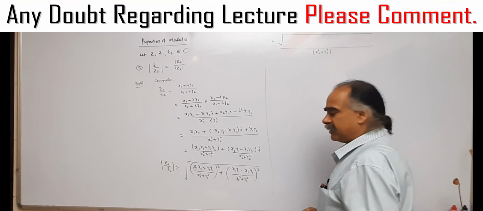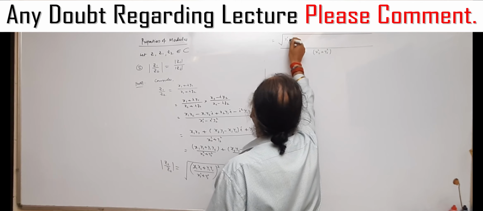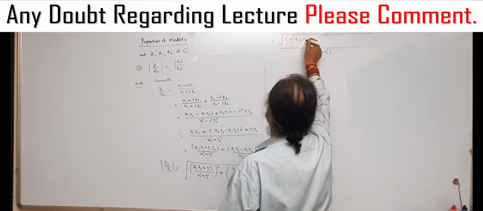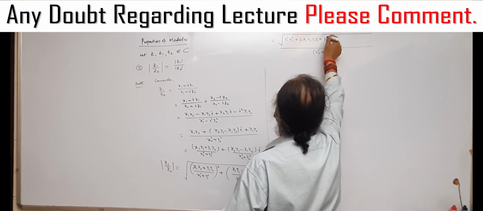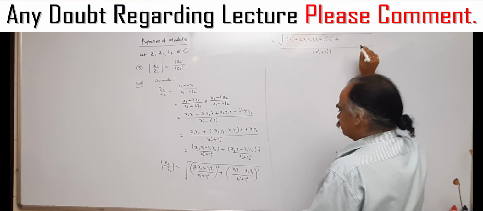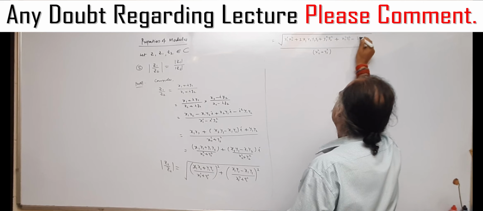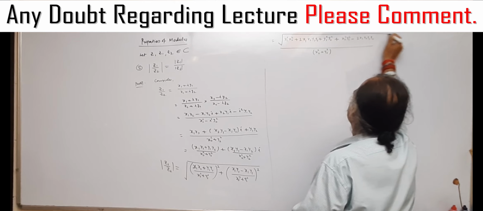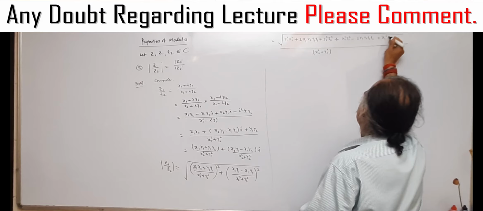So inside the root, x2 square plus y2 square will come outside. And the numerator, if you expand, you will get x1 square x2 square plus 2 x1 x2 y1 y2 plus y1 square y2 square plus x2 square y1 square minus 2 x1 x2 y1 y2 plus x1 square y2 square.